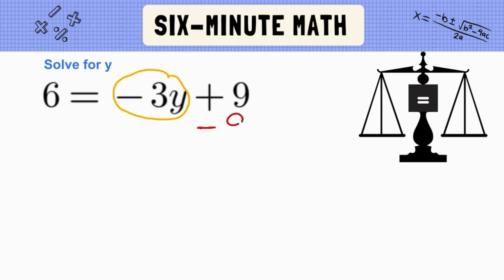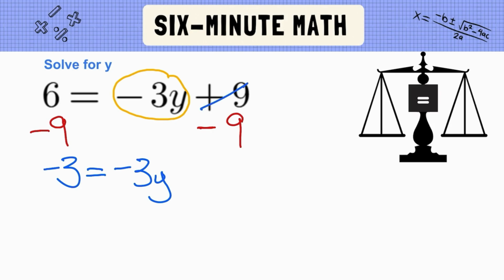Well, that would be negative 9. And to maintain my balance, I'm going to subtract 9 on the left side as well. 6 minus 9 is negative 3 equals negative 3y, and then this positive 9, negative 9 cancel each other off.